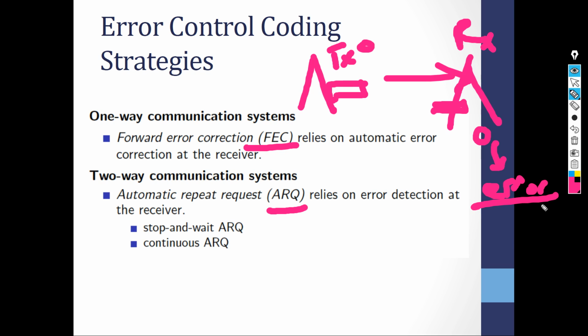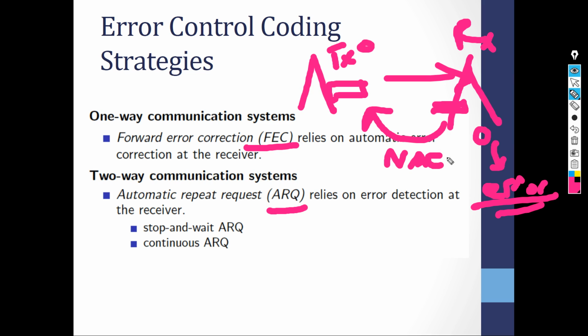Since there is an error, he cannot use it for the application or on the upper layers. He asks the transmitter to retransmit the packet one more time because the first packet was in error.